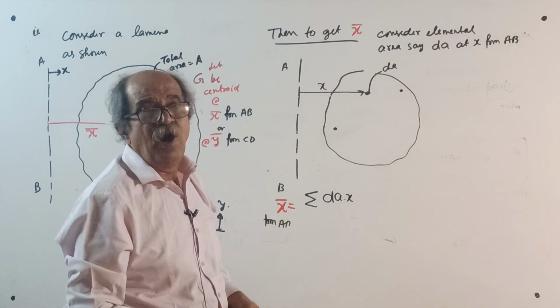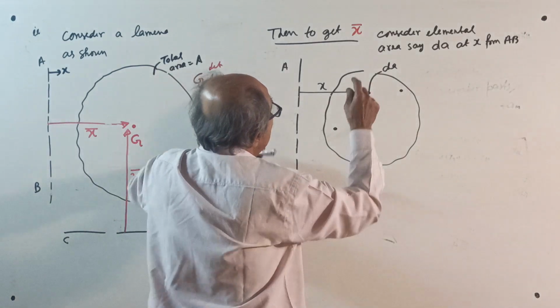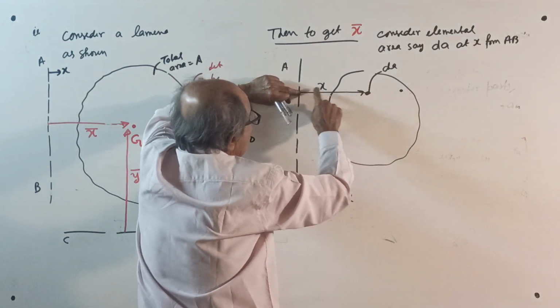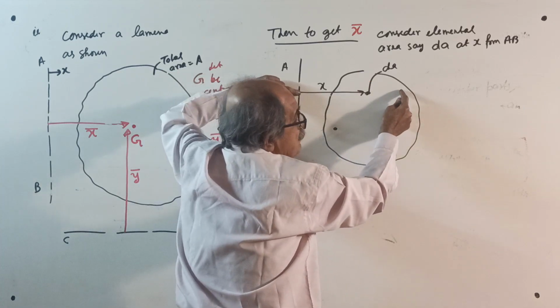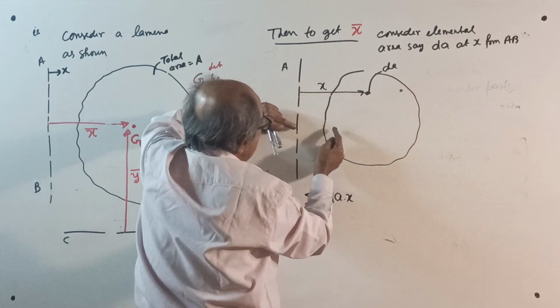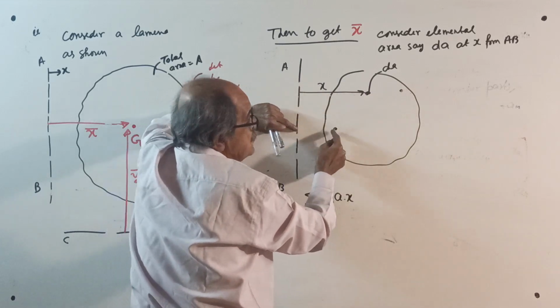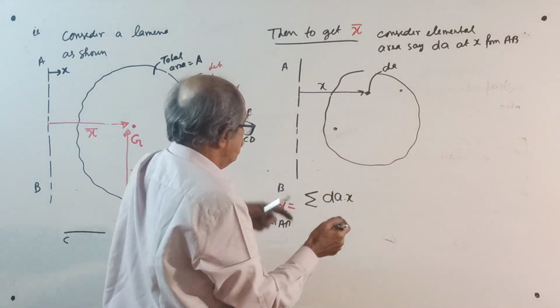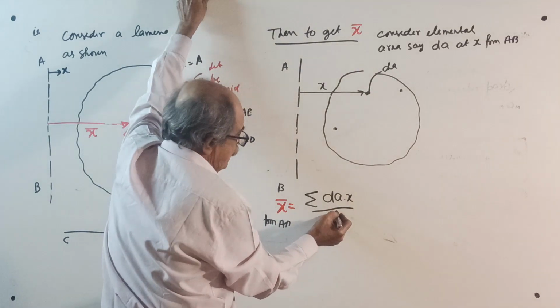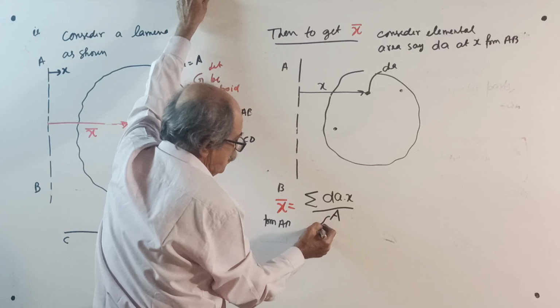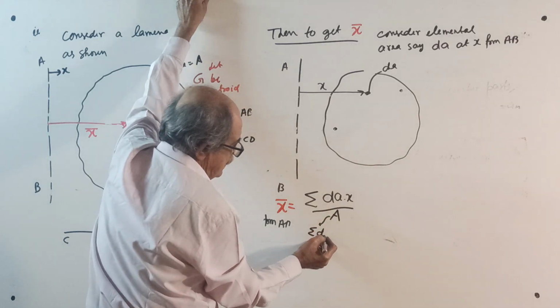When you say sigma of dA into x, it means one elemental area into that x distance, one more elemental area into that x distance, never ending. Sigma dAx divided by A, where A equals sigma dA.